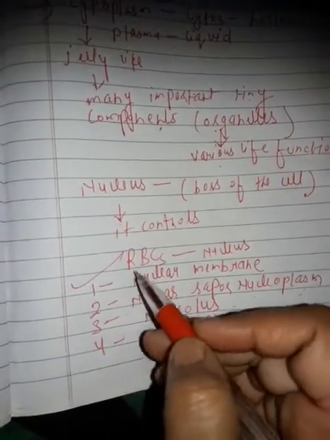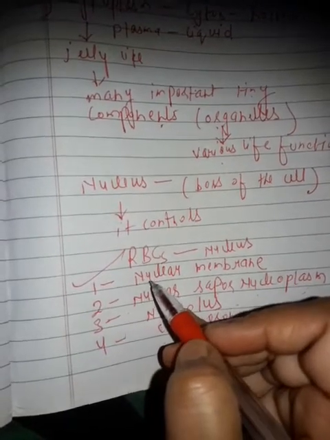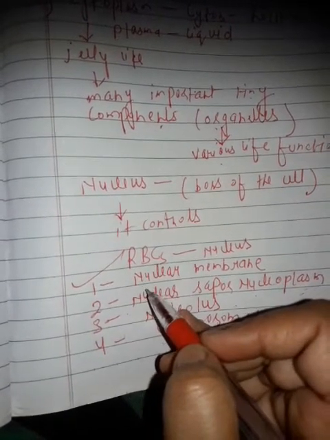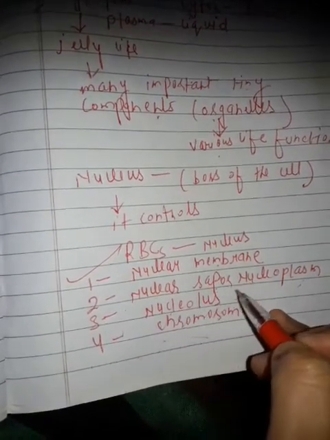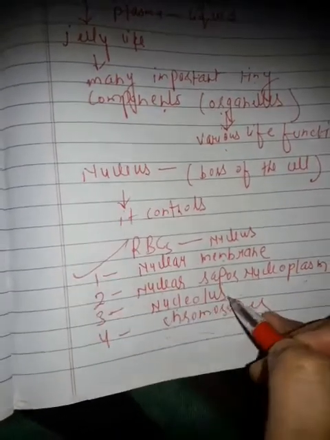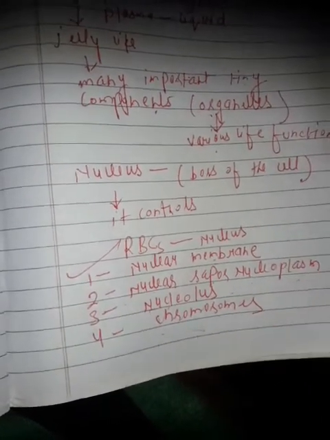Again, you can see that the nucleus consists of four parts. First one is the nuclear membrane, second one is the nuclear sap or nucleoplasm, third one is the nucleolus and chromosomes.